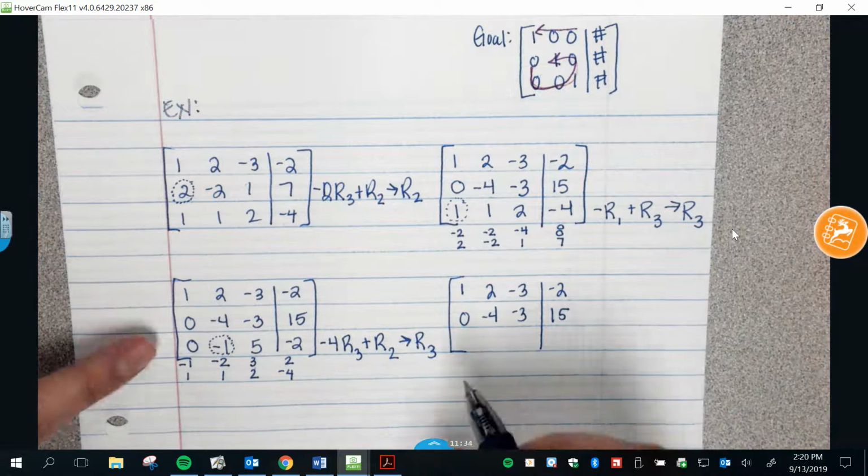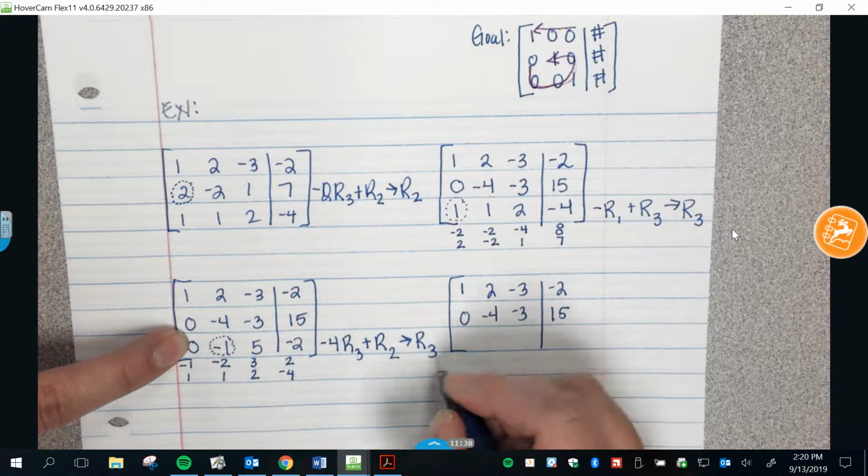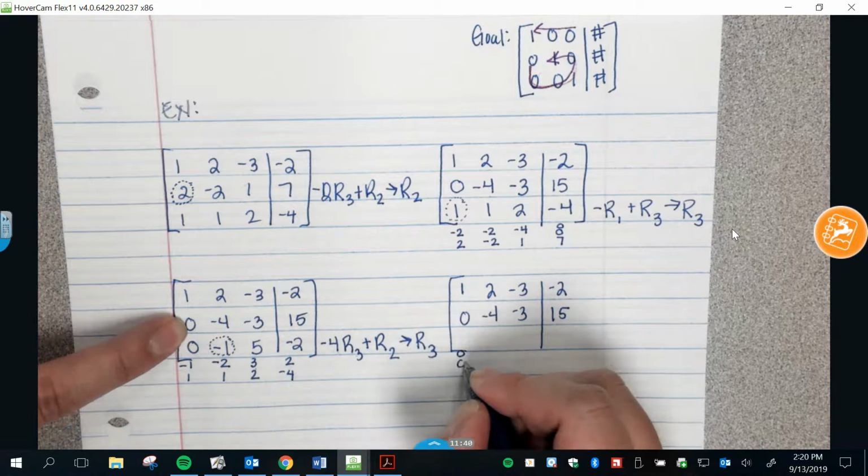Okay, all right, to do row 3, -4 times row 3. So -4 times 0 is 0, plus 0 makes 0.